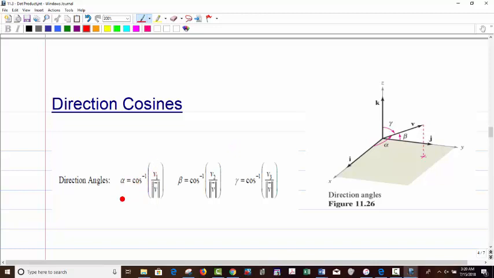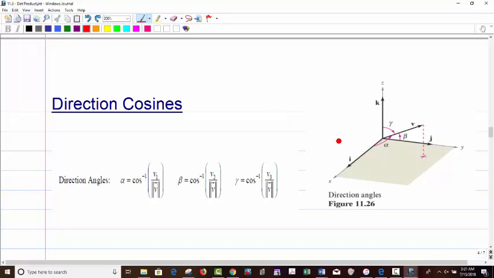What we really want are the angles, which come from the direction cosines. So alpha is the angle formed from the positive x-axis. You see it brought down here, so it would be the angle coming around this way. That's your alpha value, your first direction cosine.